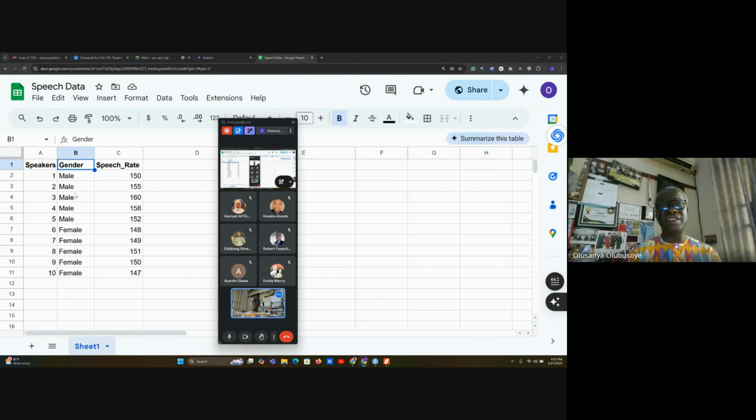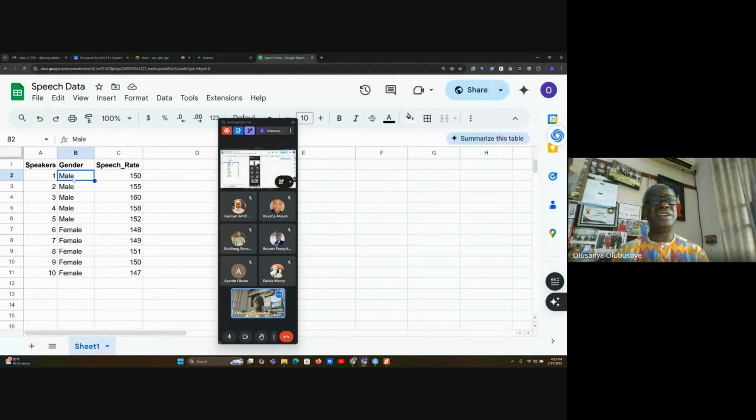It has two categories. If you have more than two categories, let's say we are looking at speech rate and maybe for the students, we are looking at class of degree. Then we will have those in the first class, those in the second class category, and maybe those in the third class category.